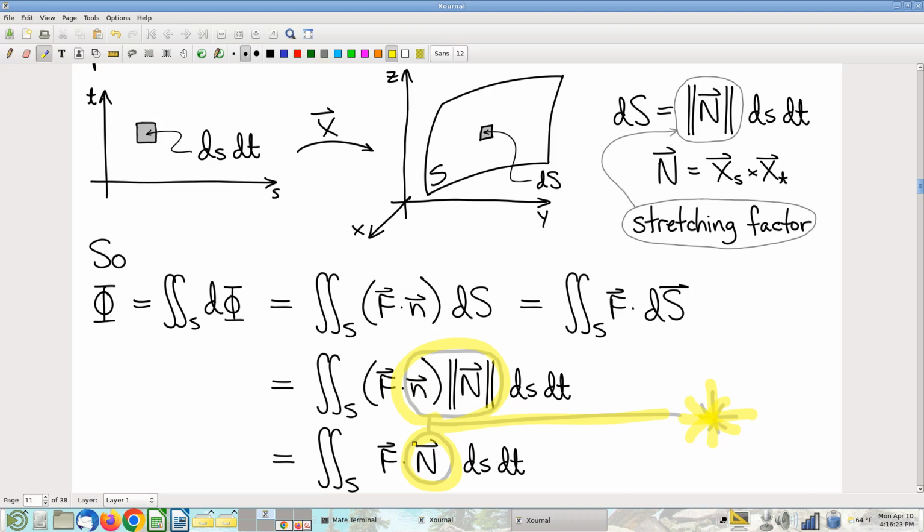The reason I'm sweeping the subtlety under the rug is because we've got a lot going on as it is. There's parameterizations and partial derivatives and cross products and stretching factors and parameters and pullbacks, and oh my god, there's a lot going on, and we don't need yet another subtle complication right now.